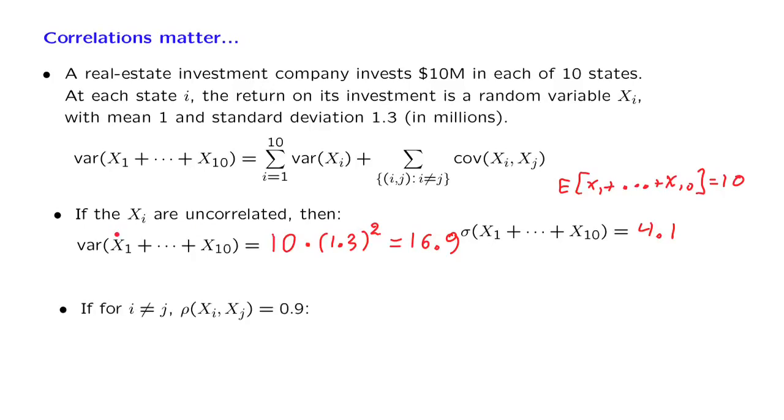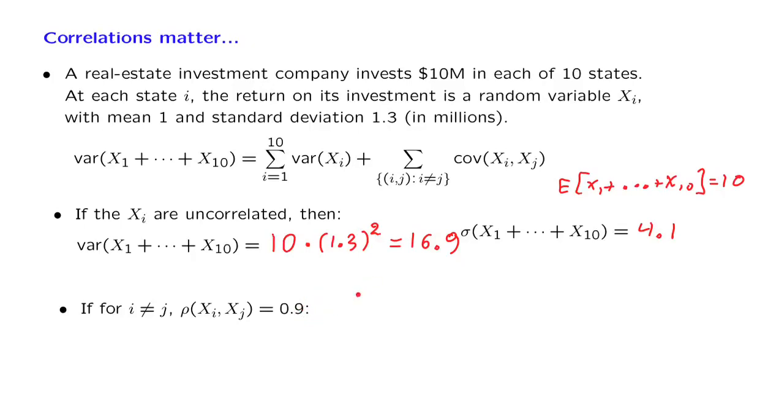Suppose, however, that your assumption is wrong and that actually the different Xi's are correlated with each other. And suppose that the correlation is pretty high, 0.9. Essentially, this means that the real estate market in one state is strongly related to the behavior of the market in another state. And that could be perhaps because the markets in different states are affected by some more global phenomenon that operates on a national level.